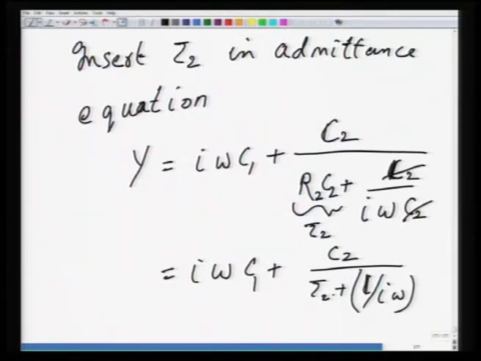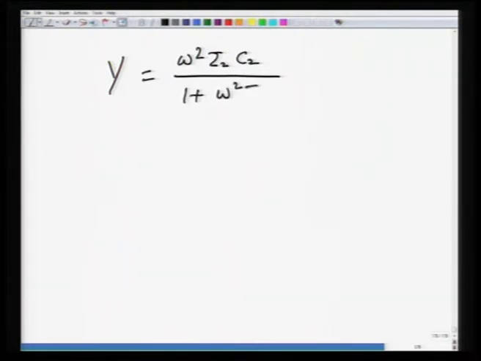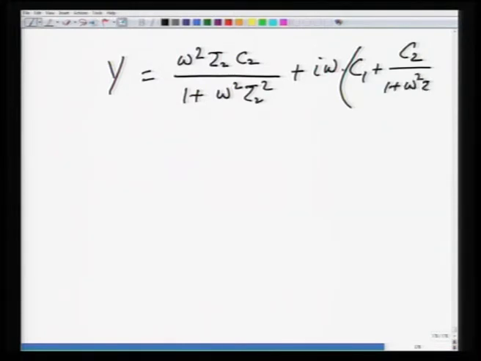Now you can further rework this equation, and in the modified form Y is equal to omega square tau 2 C2 divided by 1 plus omega square tau 2 square, plus i omega multiplied by C1 plus C2 divided by 1 plus omega square tau 2 square.